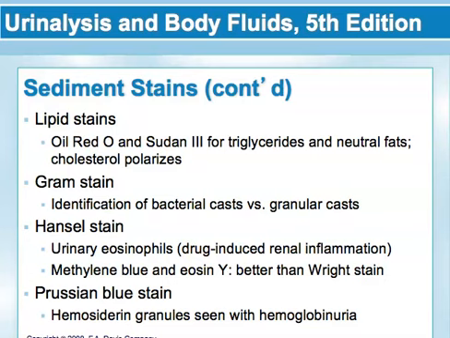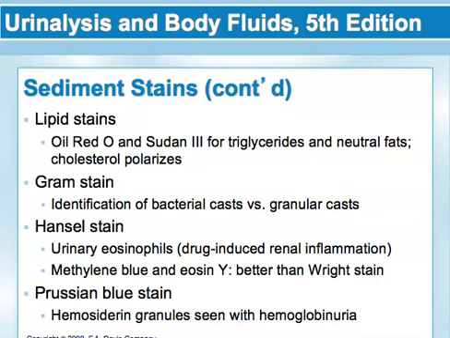Okay, next, talking about some lipid stains, we've got oil red O and Sudan III. With the use of these stains and polarizing microscopy, the presence of lipids, including free fat droplets and lipid-containing cells or casts, can be confirmed.